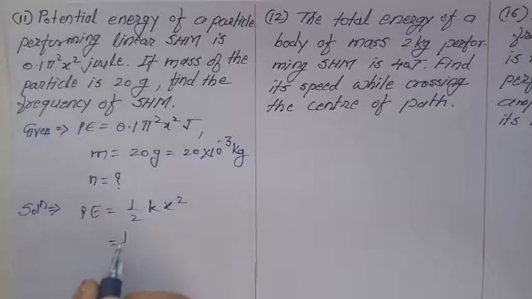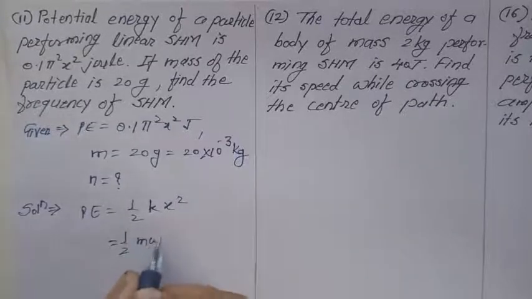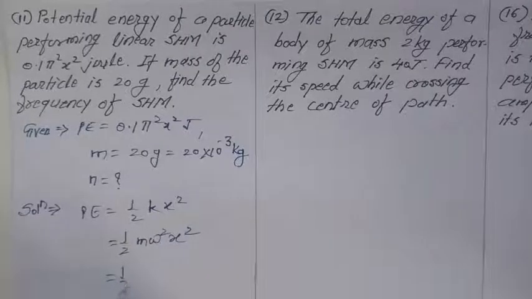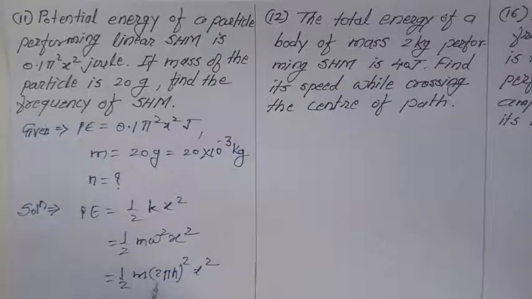In place of k I can write m omega square x square, and when I put the value of omega, that is 2 pi n, m into 2 pi n whole square into x square. Yes, I get here 4 pi square n square, so half into m into 4 pi square n square x square.